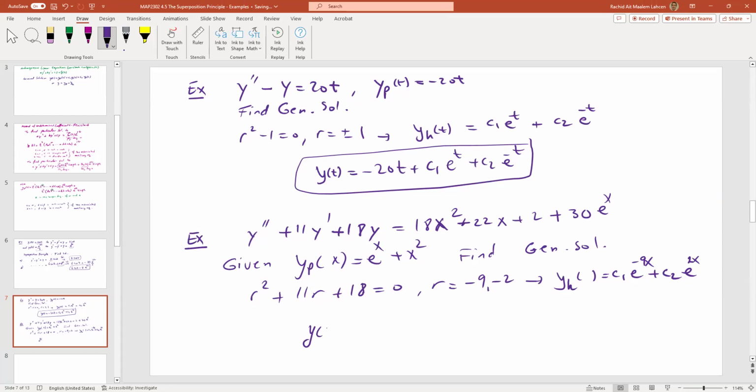So we have here x, so it's kind of f of x, not f of t. So here, to make sure these match. All right, so the particular solution is this. The general solution to the homogeneous case is this.